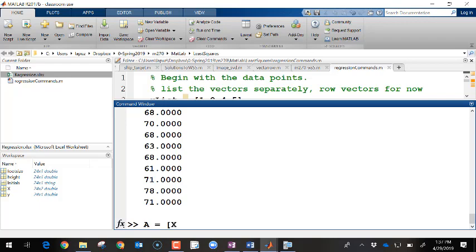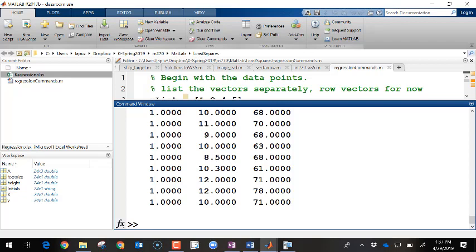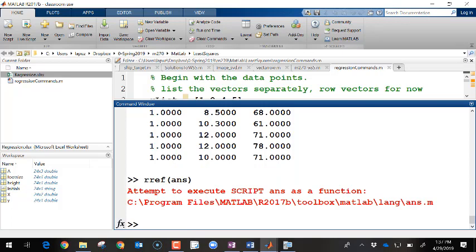That would be the matrix X augmented with the y vector, and I would row reduce this.